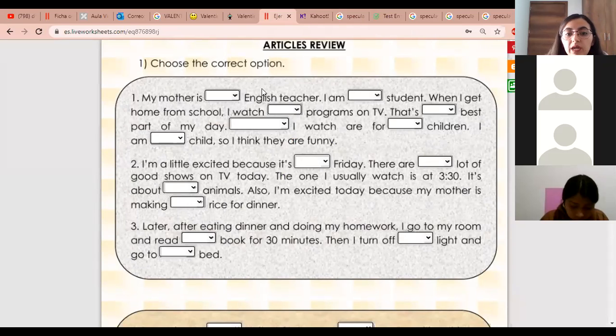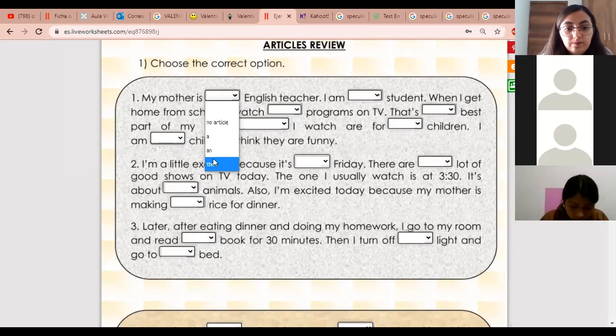Do you remember what article we used to use with jobs and professions? ¿Qué artículo ocupábamos con las profesiones? Which of these would you choose? No article, a or an, or the?